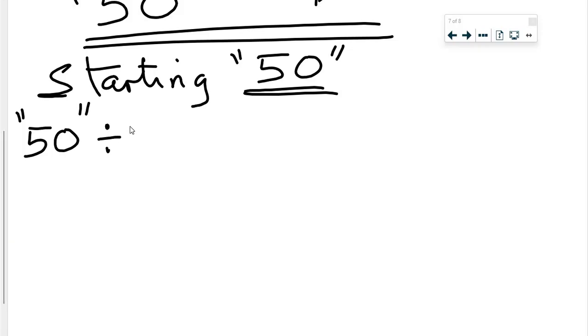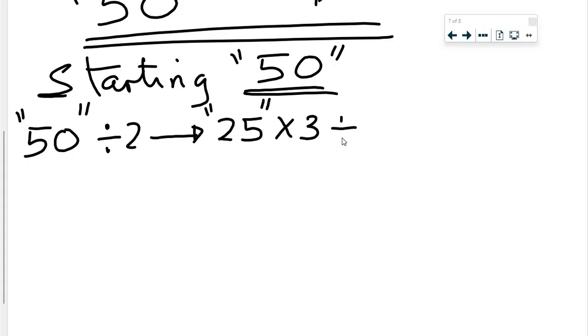You need to divide by 2. Get the answer, that is 25. Is 25 even or odd? 25 is odd number. So multiply it by 3. The answer you get, add 1. That gives you 76. Is 76 odd or even? It is even. Divide by 2.